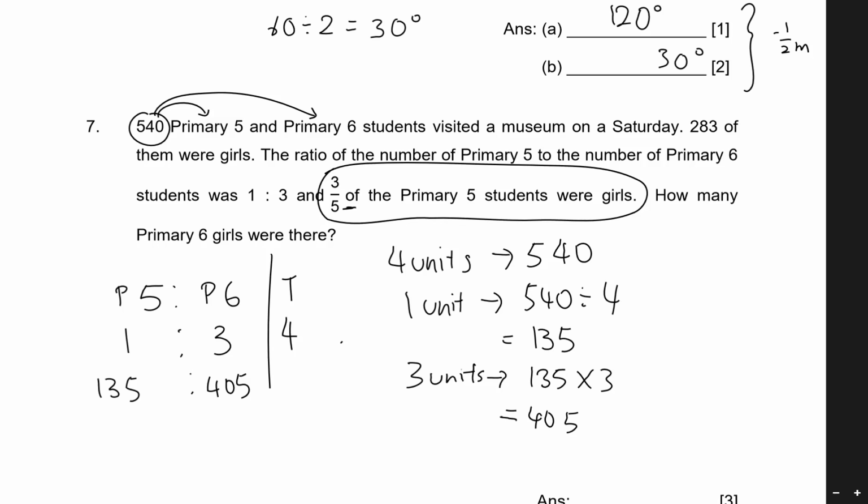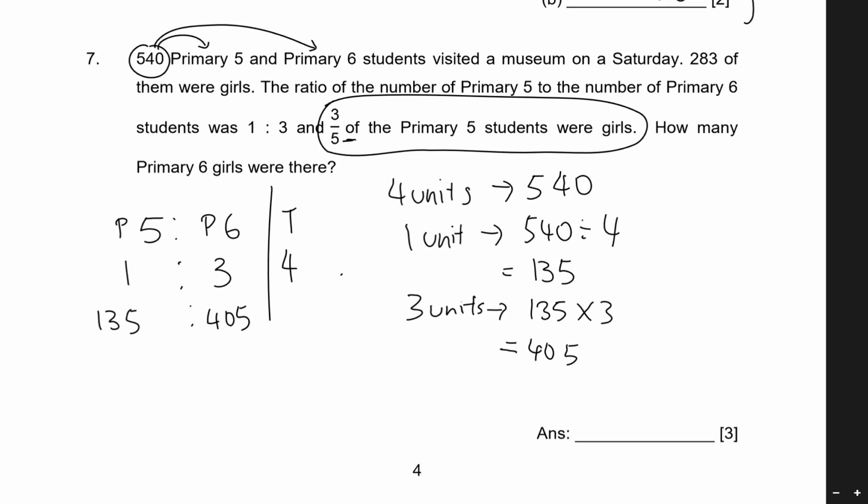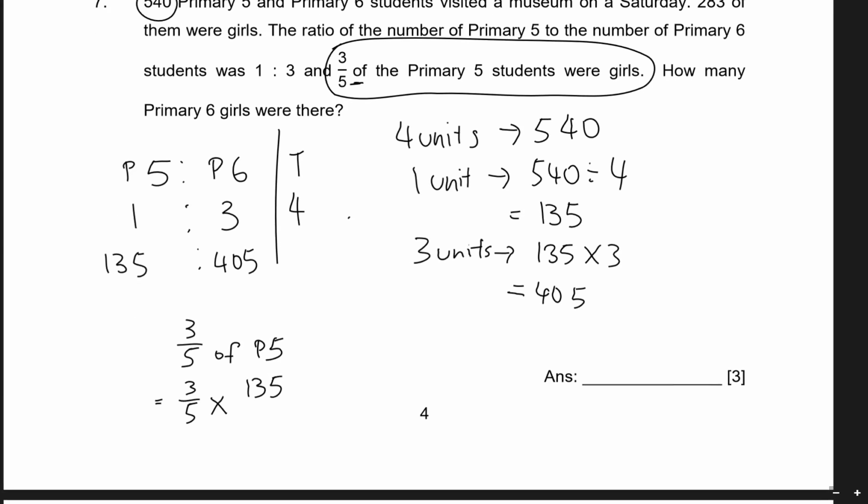I saw the words of the P5 students. Let's write down the English. 3/5 of the P5. Now 3/5 of means times. How many students in P5? 135. I want to find out how many girls these are. Okay, with a calculator, it is 81, and this 81 stands for girls in P5.